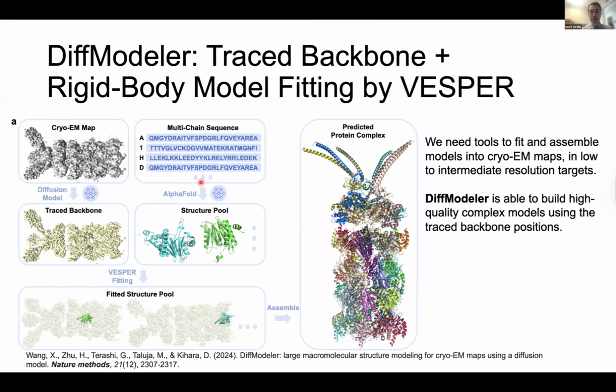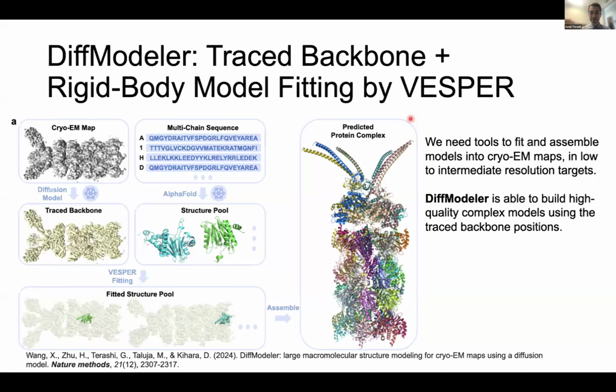Then from the sequence, we can generate the AlphaFold models. Then the predicted AlphaFold models are fitted into the enhanced backbone positions. Then finally, it can build the large entire structure.